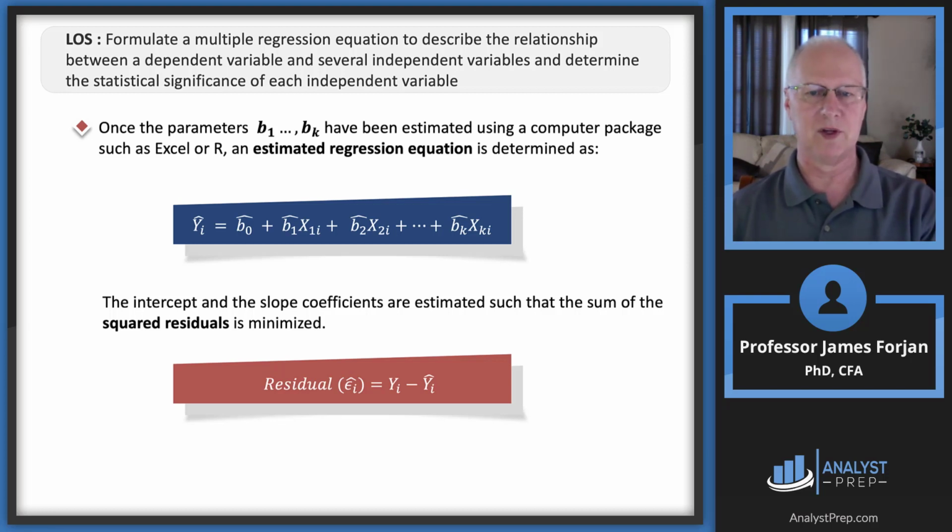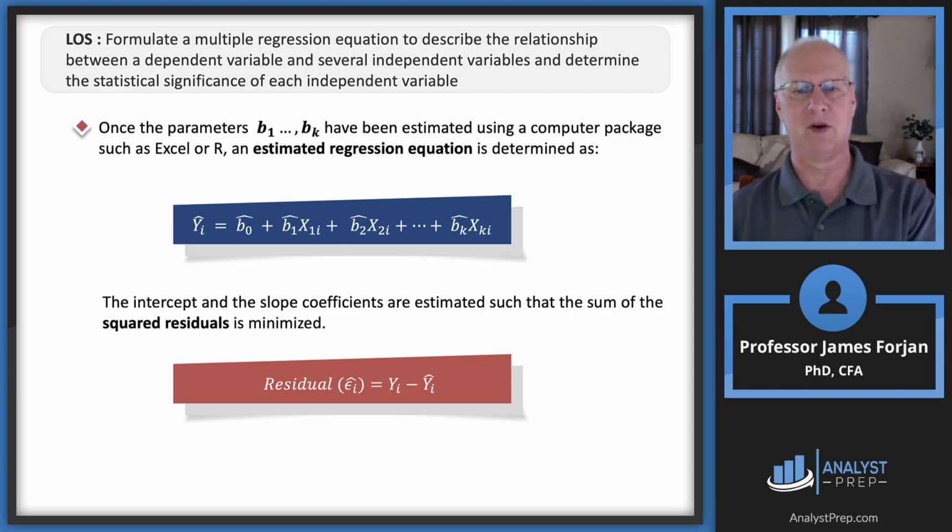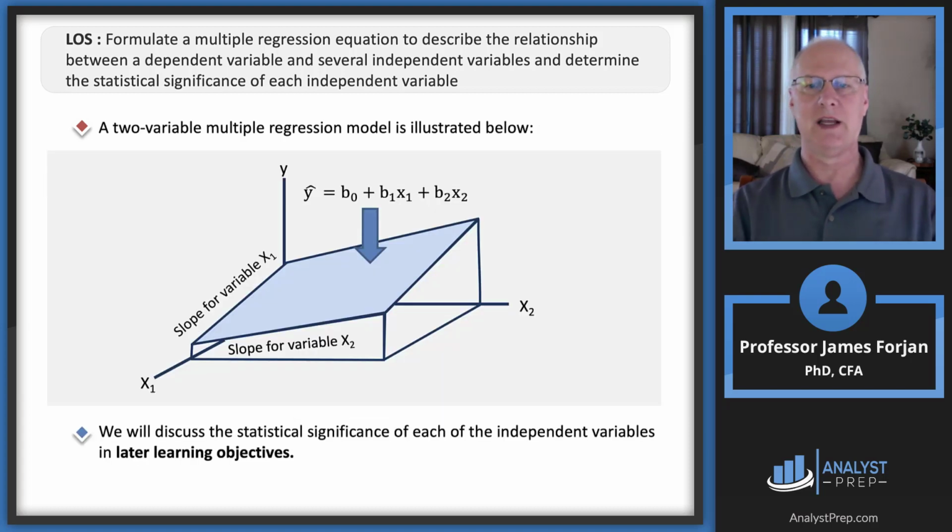And there's that residual equation that we had before, each of the individual y outcomes, y sub i minus their estimated value. But now we're doing it in multiple dimensions, right? Multiple regression analysis. So we still have the y-axis as the vertical axis, but now instead of having just one x on the horizontal axis, we have an x1 and we have an x2, and we could also have an x3 and an x4, and you could have as many x's there.